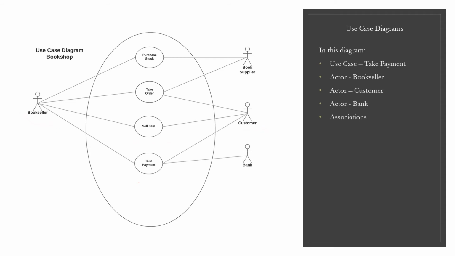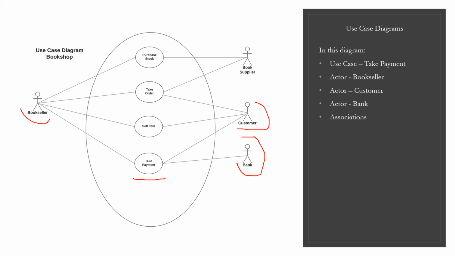When an item is sold, the bookshop needs to take payment. So this is added to the diagram here. The customer makes the payment, the bookseller takes the payment, and this introduces another actor, the bank.